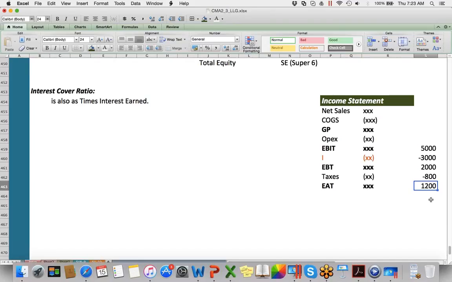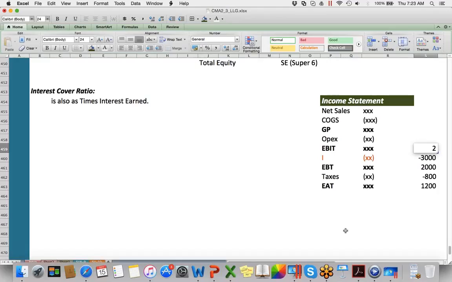It is not a good sign. Why? Because the earning is $5 against an interest of $3. For every $3 of interest, you earned $5 of EBIT, your operating profit, which is unfair.